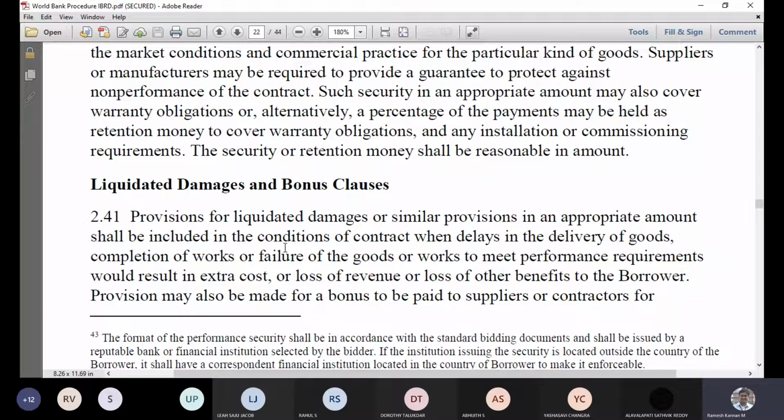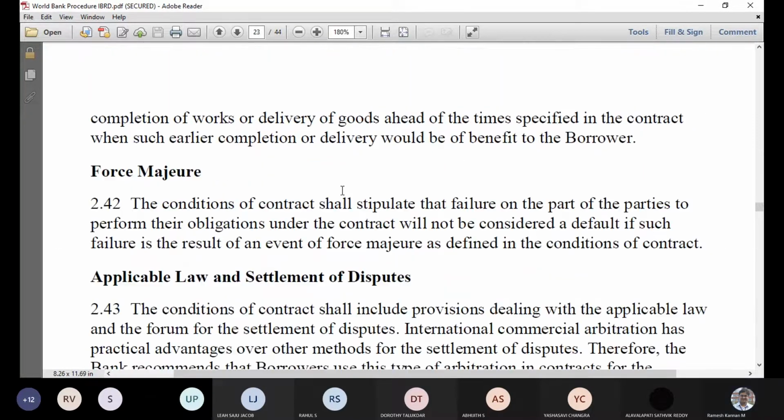So those damages should be paid to the owner by the person who gets the contract, and on all other bonus clauses also. Force majeure is what we have seen, like an act of God. So in that case, there should be a provision to act upon.